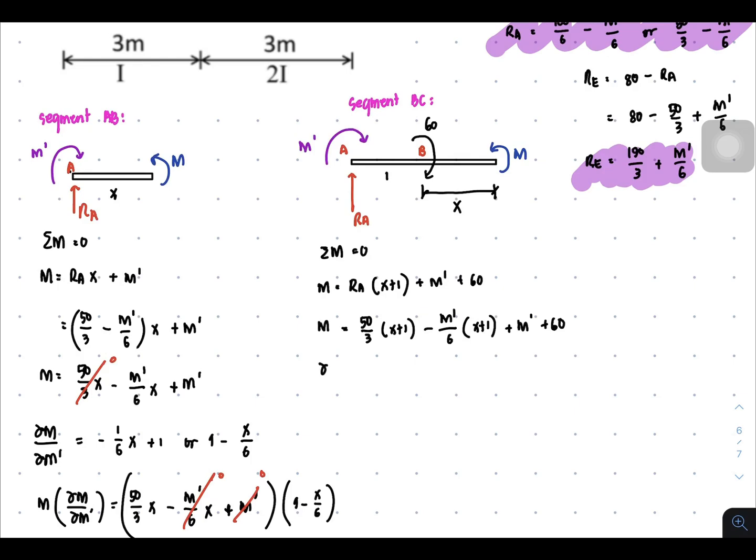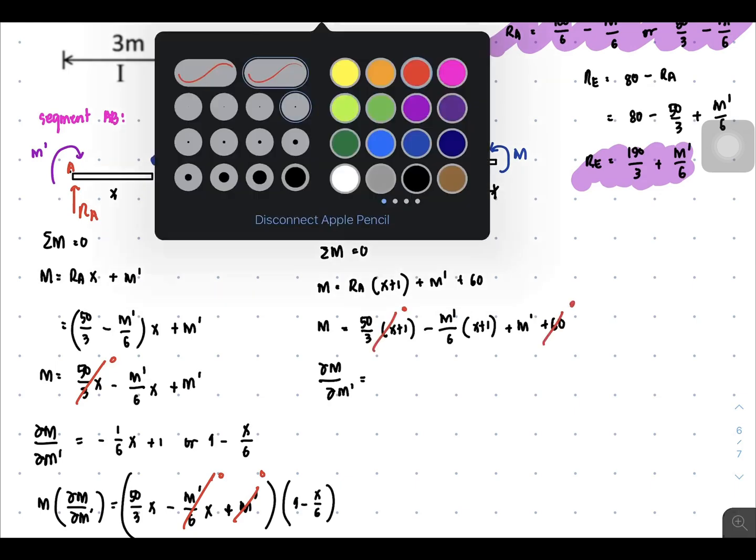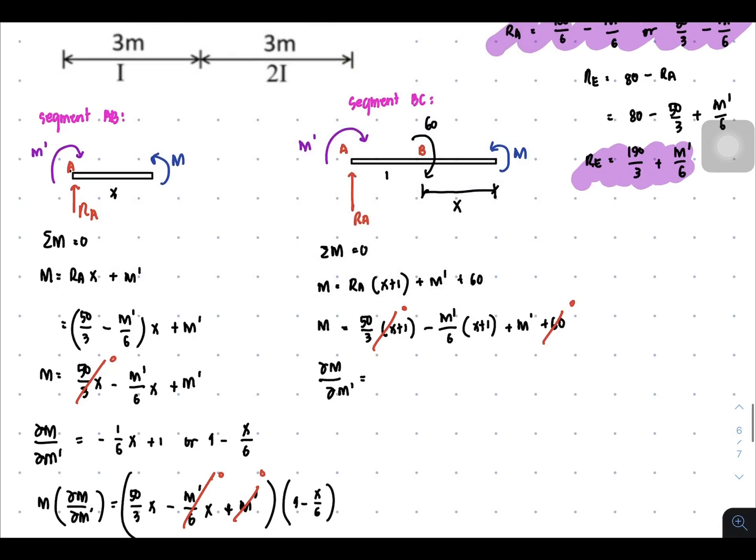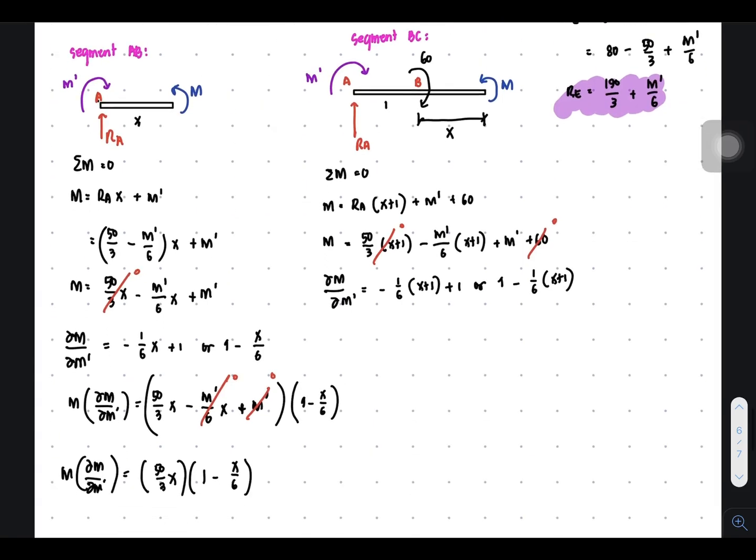And we're gonna get the partial derivative. So partial derivative of m with respect to m prime, and we will be setting to 0 the terms without m prime, and that would be negative 1 over 6 x plus 1 plus 1, or that is 1 minus 1 over 6 x plus 1.